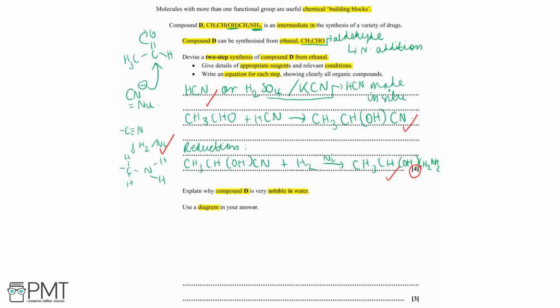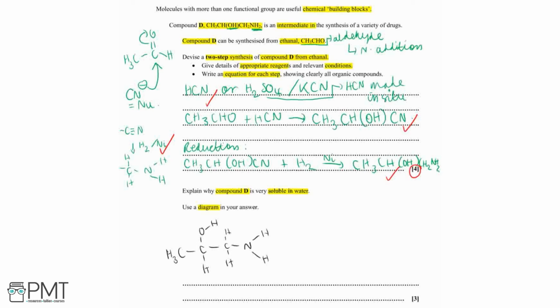So let's start by drawing out the structure of compound D in a more detailed displayed formula overall. So what we can see from our structure is that compound D contains an amine group and an alcohol group overall.